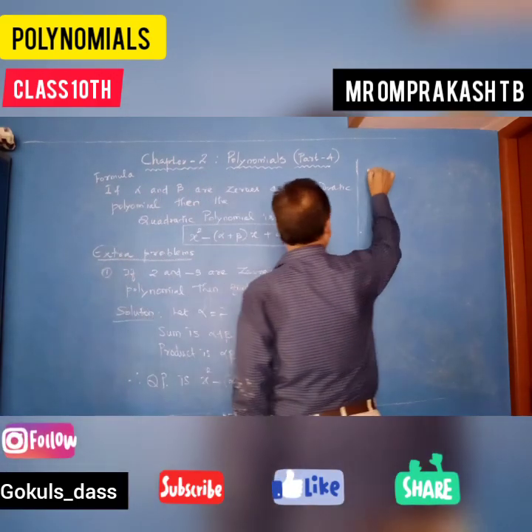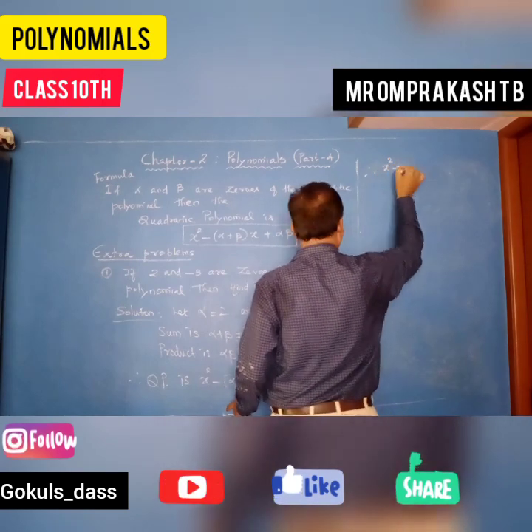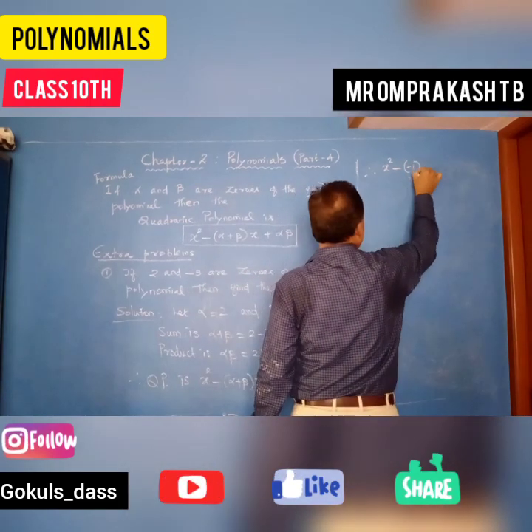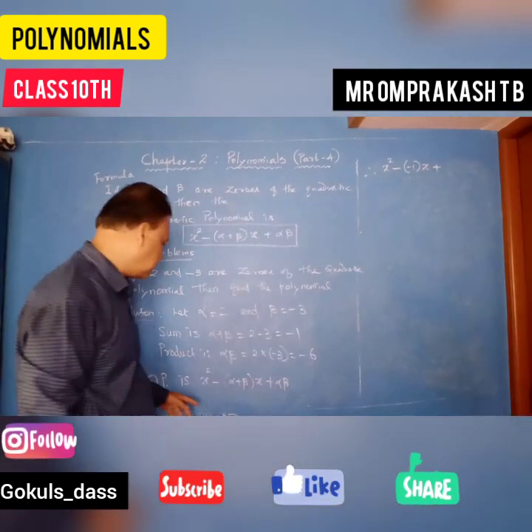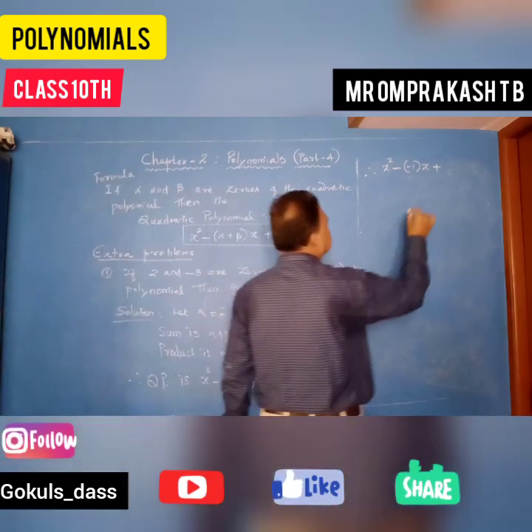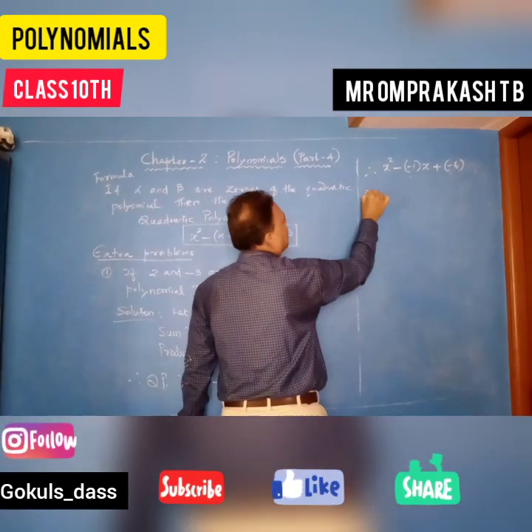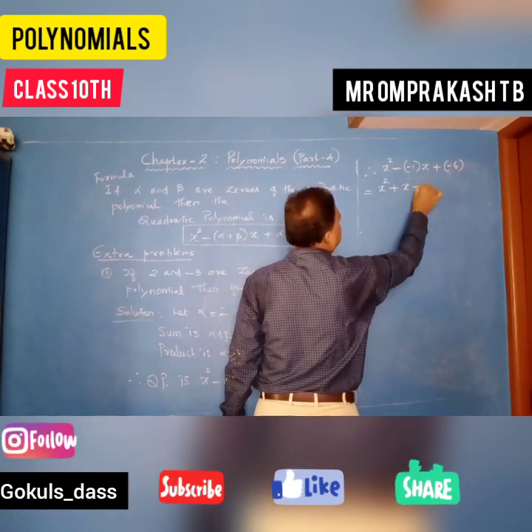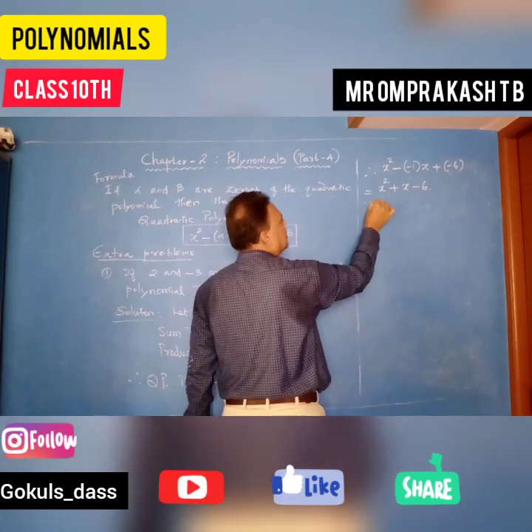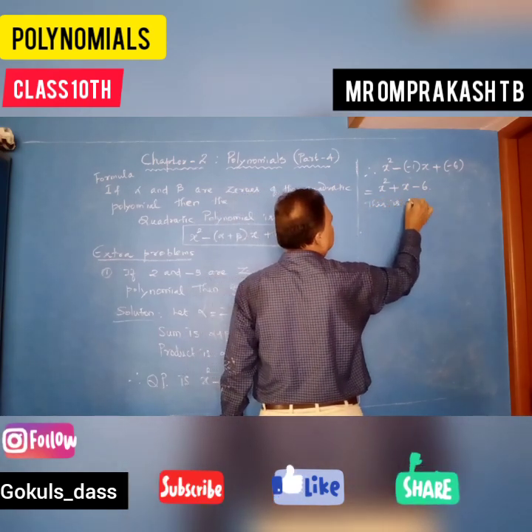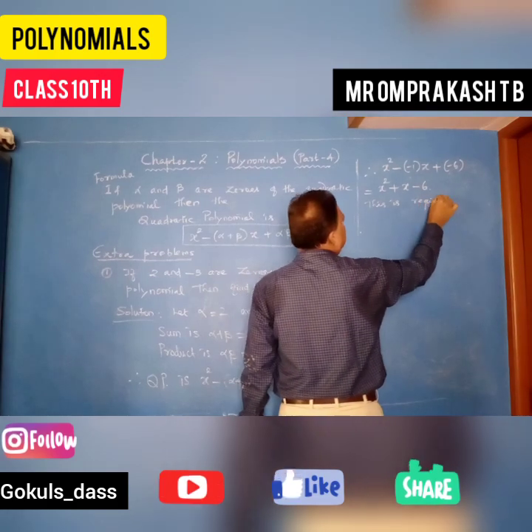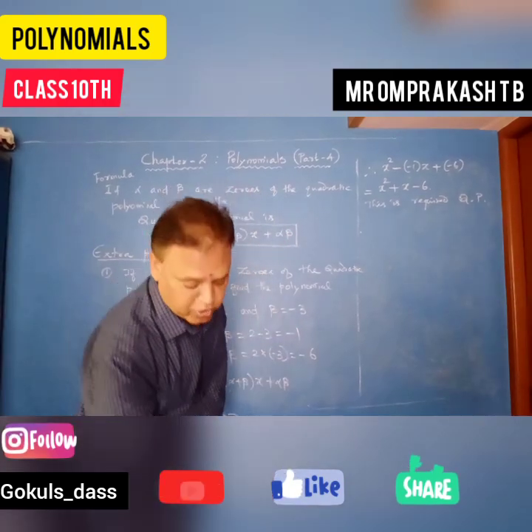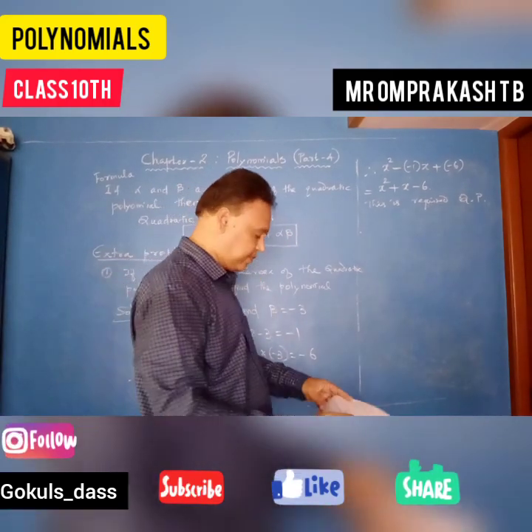Therefore, x squared minus (minus 1) into x plus (minus 6). Now simplify. So x squared plus x minus 6. This is the required quadratic polynomial.